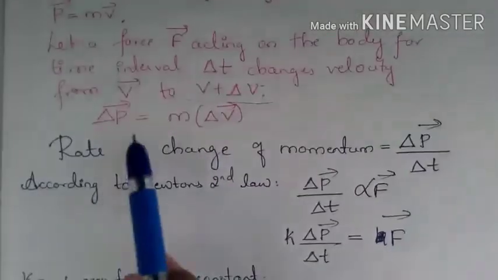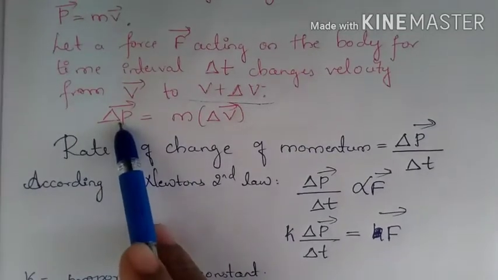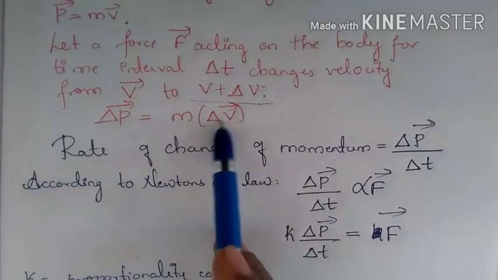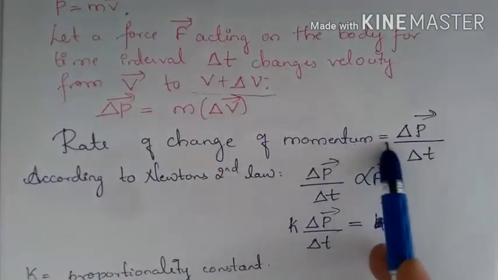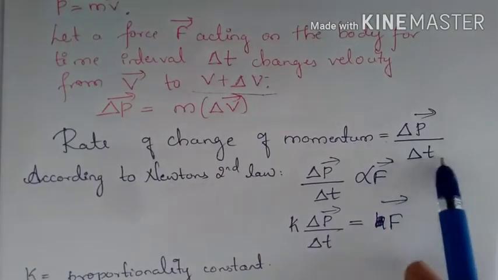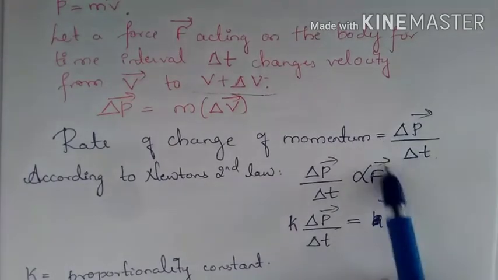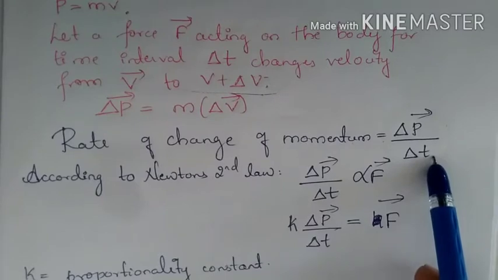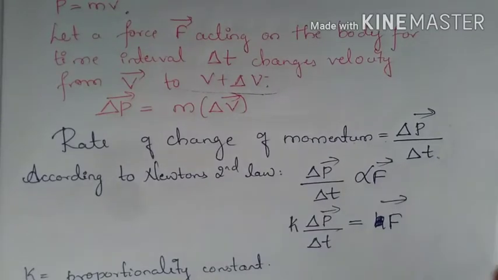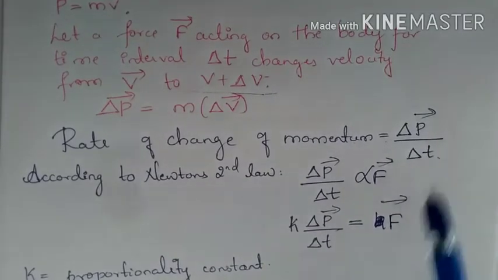For that, delta p will be equal to m delta v. Next, the rate of change of momentum is equal to delta p by delta t. So what does the rate of change of momentum give us? It gives us force. That is what we are deriving here.